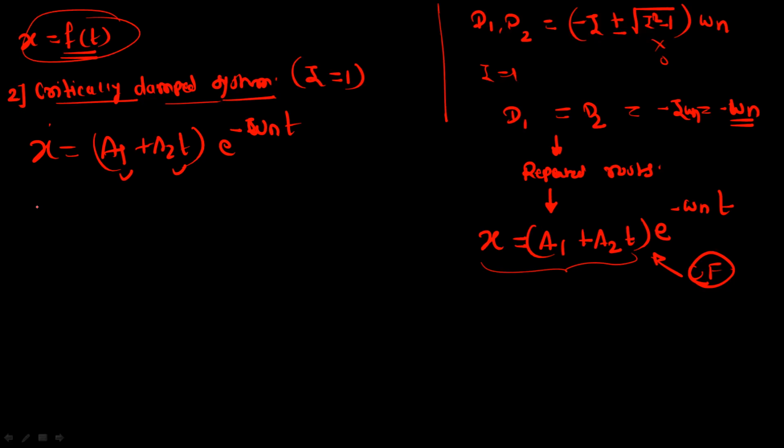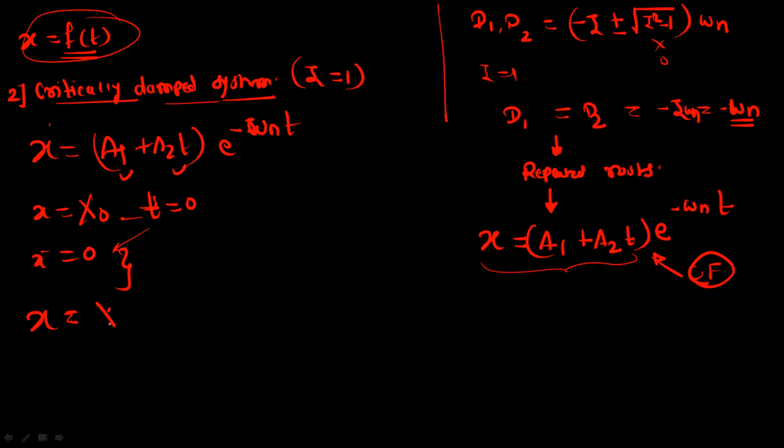So assume the same initial condition, x equal to x0 for time t equal to 0, and x dot equal to 0 for the same time. So if you put this condition in this equation, then you will get the final equation. You try to complete the solution. So put these values and get the values of a1, a2. So I will write the final equation.